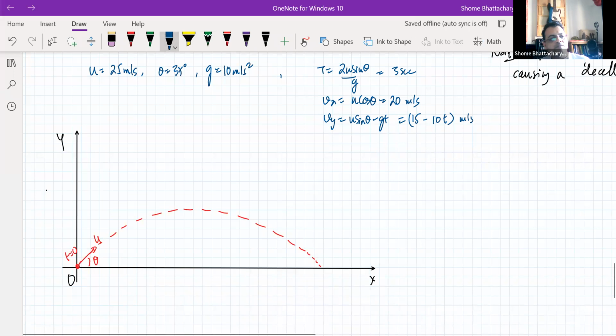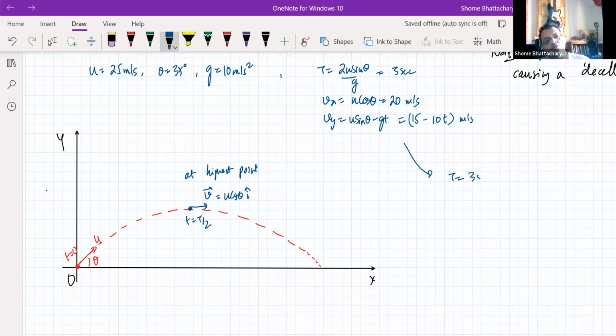So you see here that when it reaches the highest point, the time is exactly half the time of flight, and the velocity will be just u cos theta i cap at the highest point. And you'll see that here the time of flight is 3 seconds.